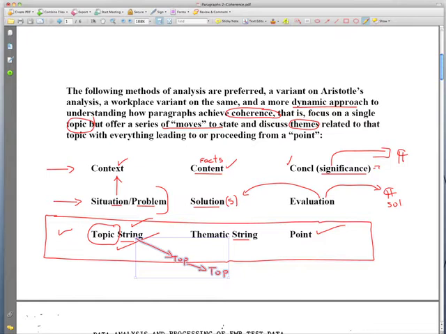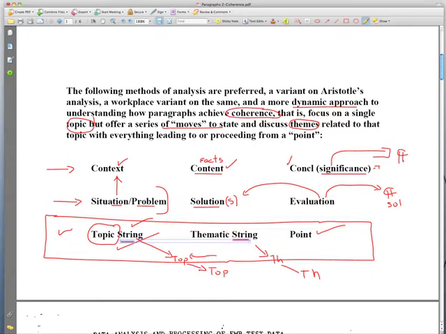Similarly, the topic is developed with themes, words or phrases that we find in the document that develop the theme. And then these strings, and you can think of it also in terms of subordination. This is the main topic. These are the subordinate sub-themes that develop the topic, and there are specific words.